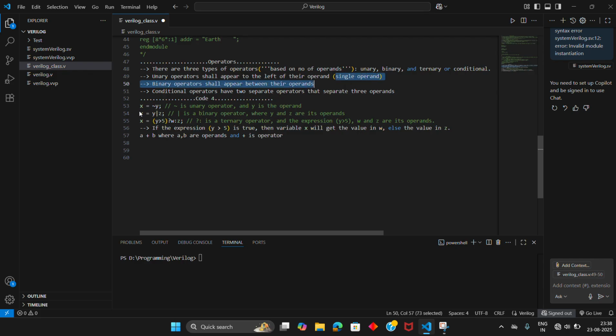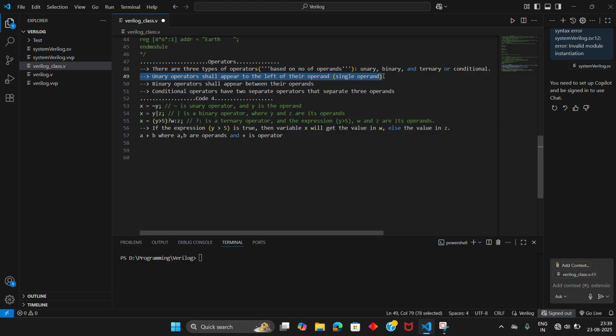In the example x equals negation of y, negation is nothing but not, where y is a single operand. On y we perform an operation called negation, which is to the left of the operand y.